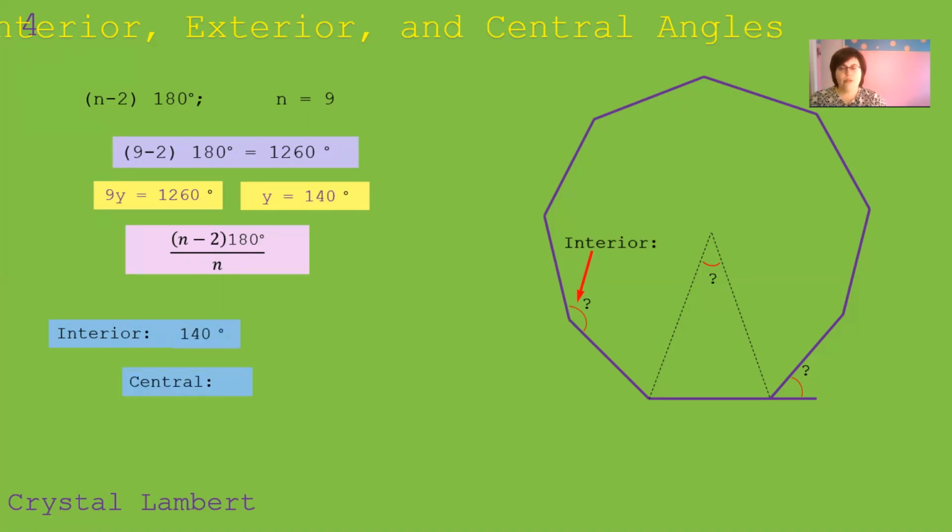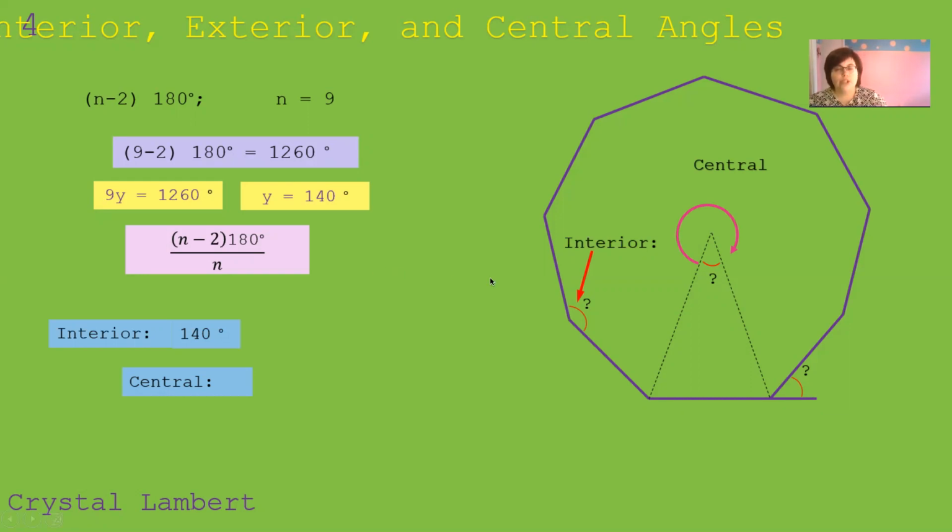Next, we want to determine our central angle. And our central angle is in the center part of our shape. Think of it as bicycle spokes. When you look at a bicycle, all the spokes come into a central point. That's what we're looking at, that central point where all the spokes come out.